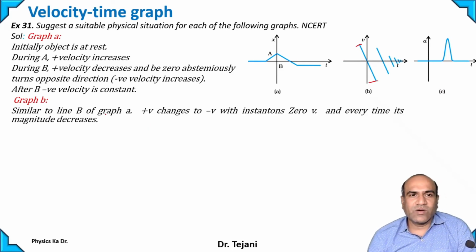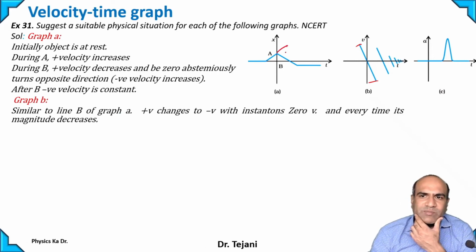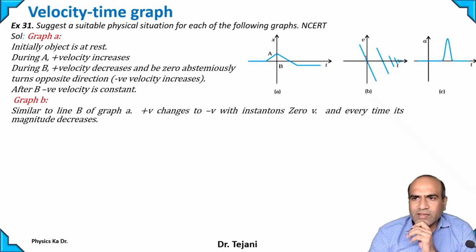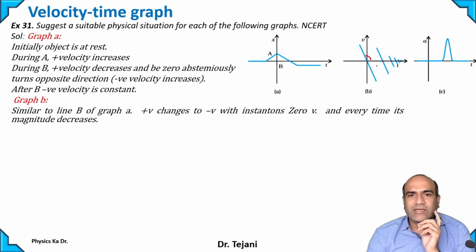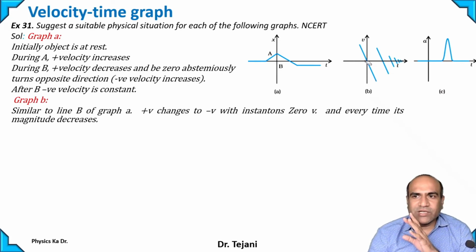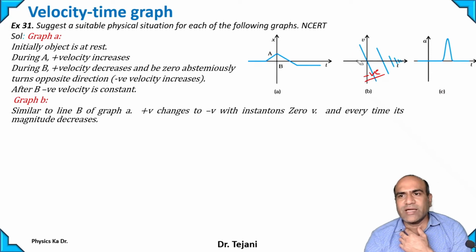Similar to the line B here, this line has a similar kind of slope but somewhat steeper. Initially it is above V, which means it is positive velocity, going towards negative velocity. Fine, it is a straight line.